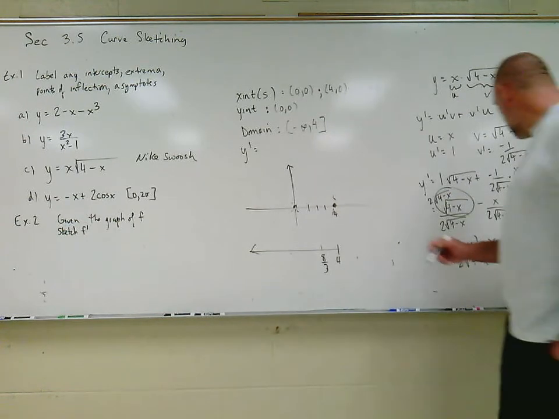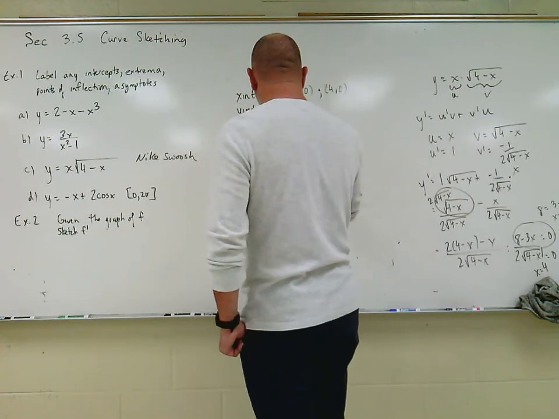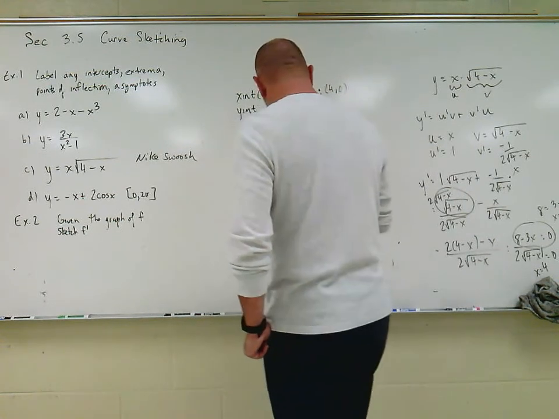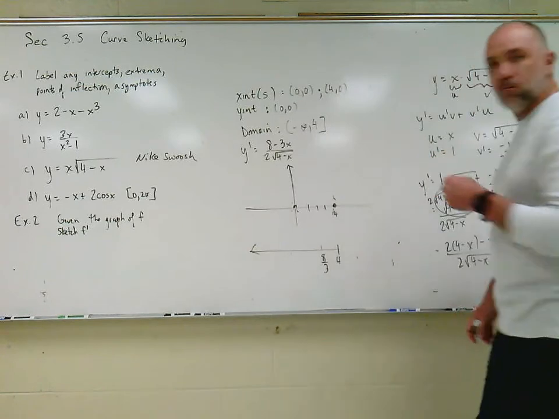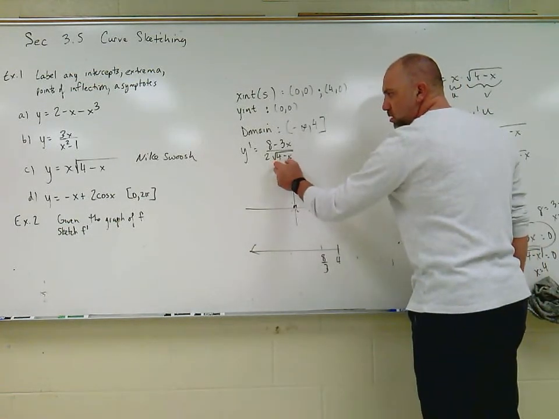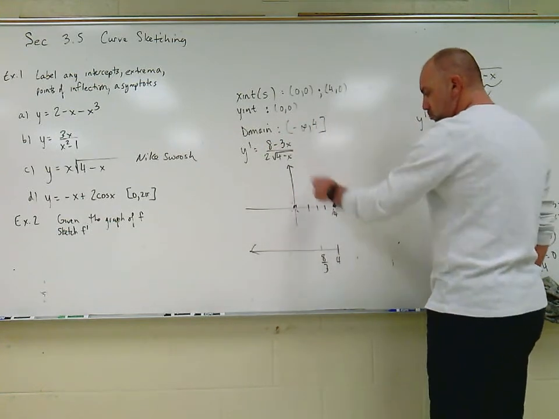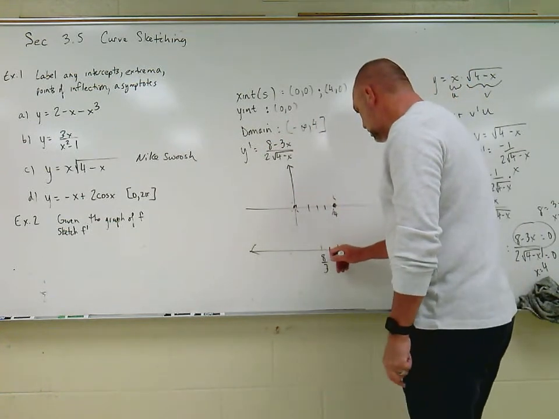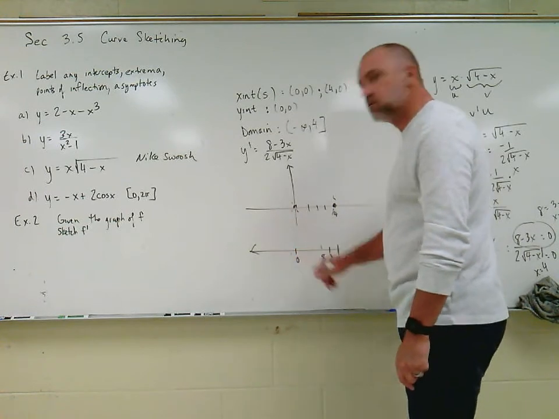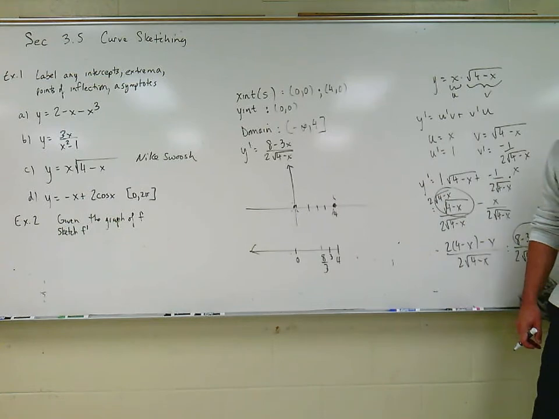So my y prime is 8 minus 3x over 2 square root of 4 minus x. So I'm gonna plug into that. And really, I know the bottom is always gonna be positive because when you do square root, you get a positive answer. So I would plug in a 3, and I'd probably plug in a 0. Those would be my two test points to see what type of answer I got.